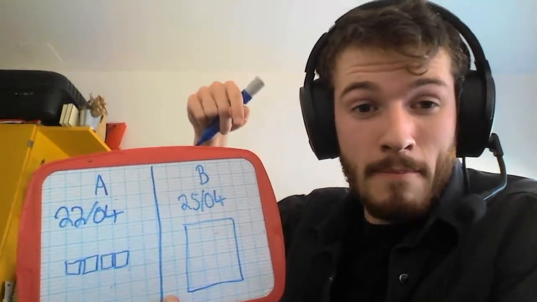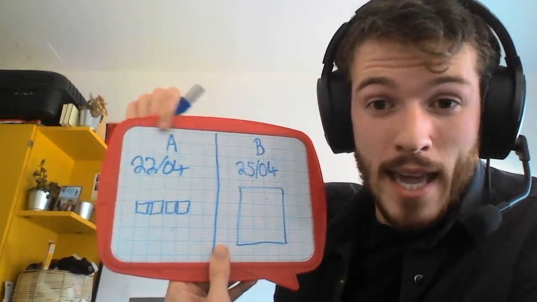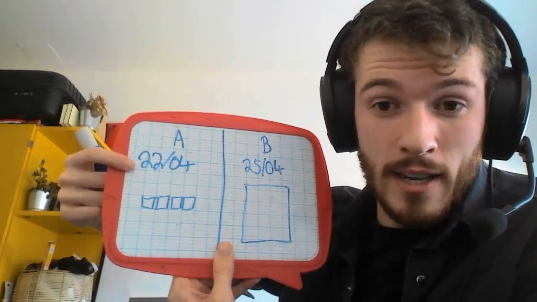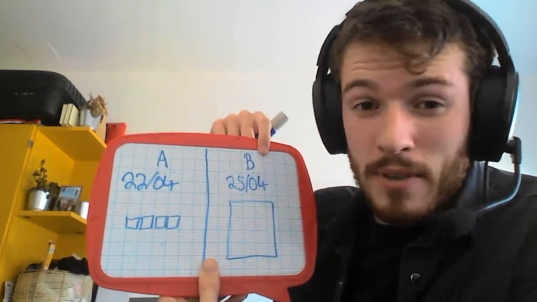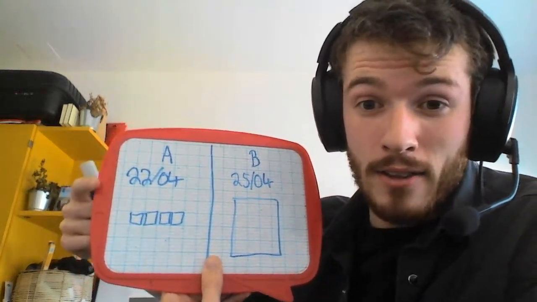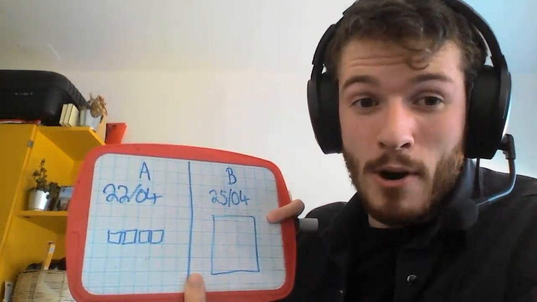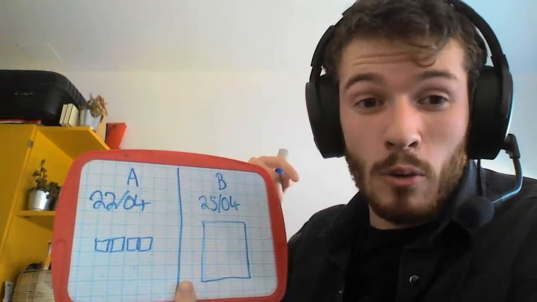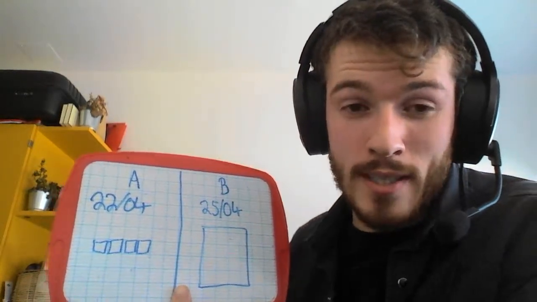So today, I can buy small boxes from Company A. The 22nd of April, I can buy small boxes. But because Company B today, the 22nd, doesn't have their big box, it means I need to order it today, but then I will get it on the 25th.